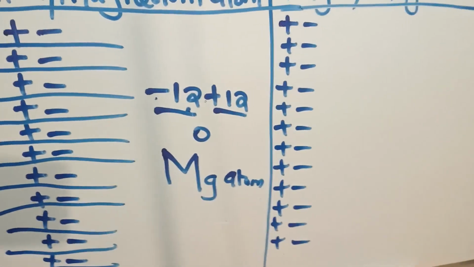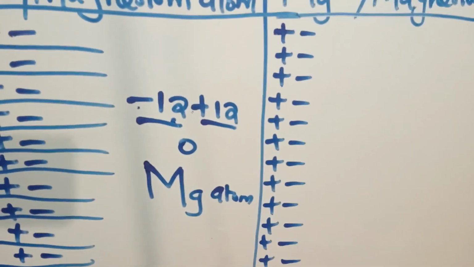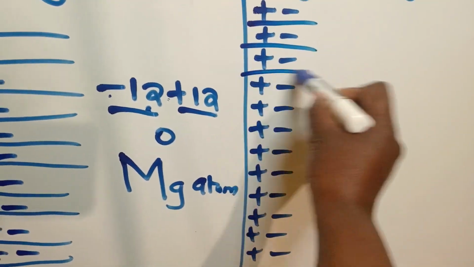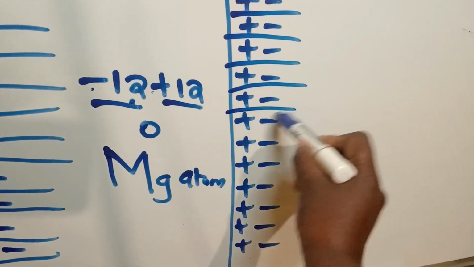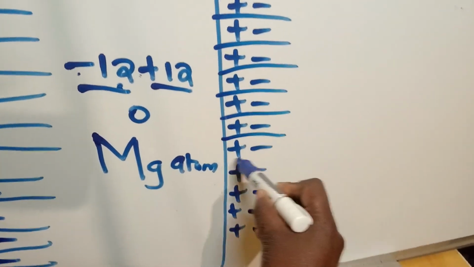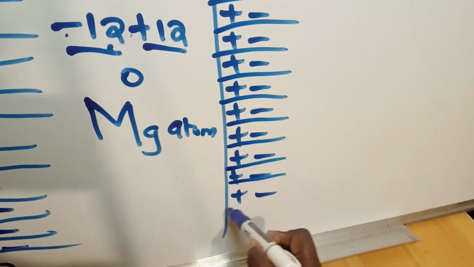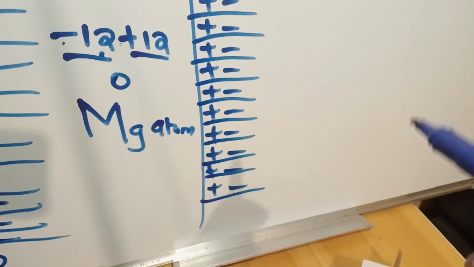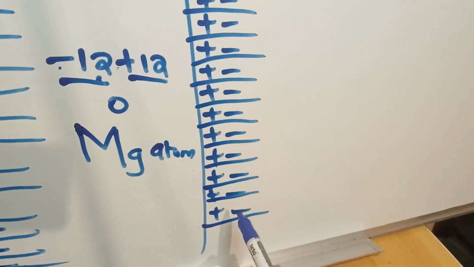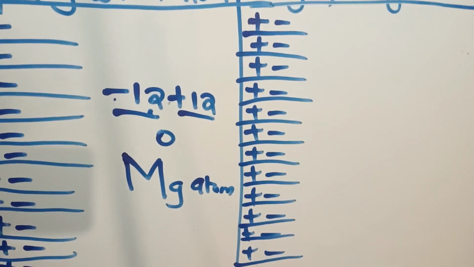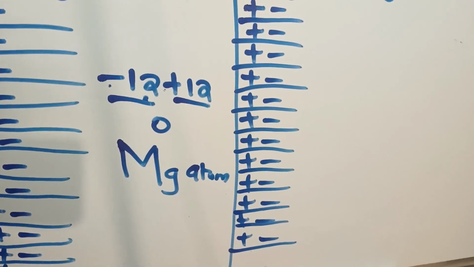At the beginning, both of them are supposed to be the same. Let us confirm: 1 to 12. By this point, it should look like the magnesium atom.